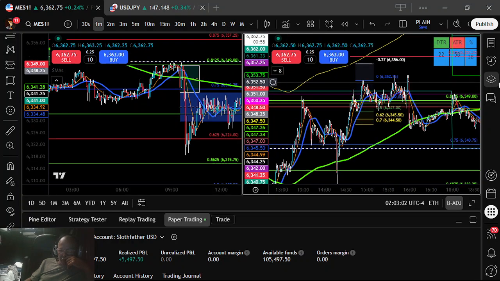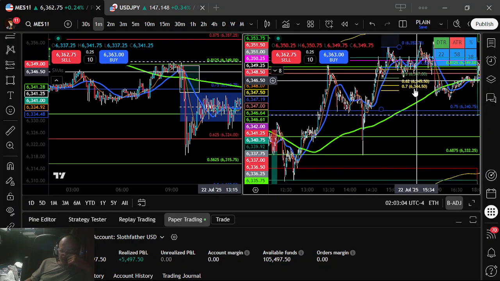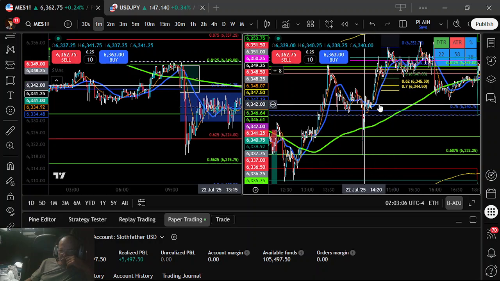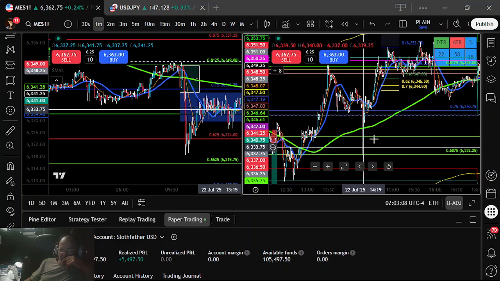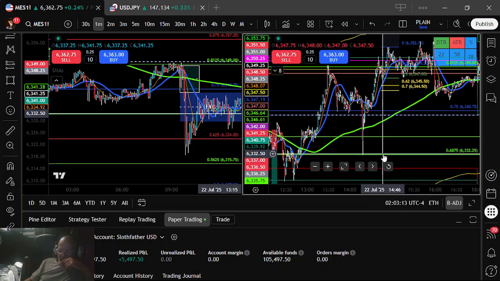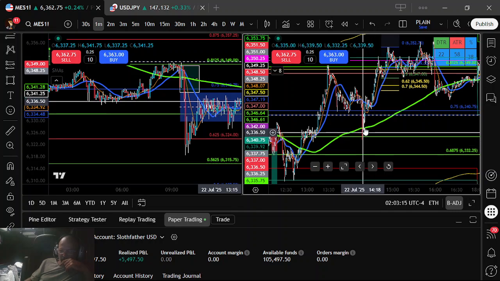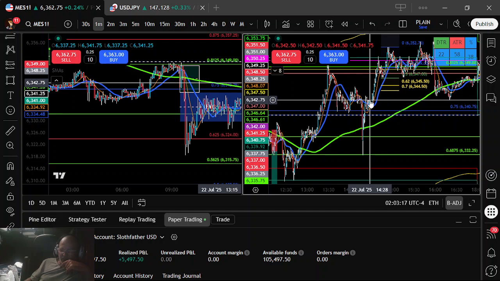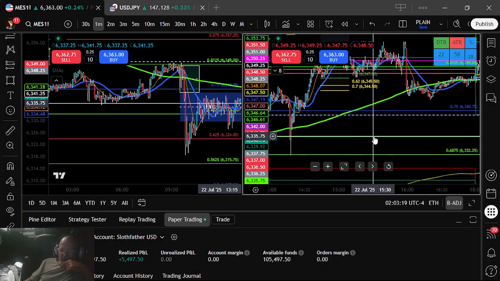Let's see if we go back into Tuesday where I missed everything. This would have been a really nice trade after breaking through the 200, tapping that, getting the buy wick, and then shooting straight back above the SMAs.